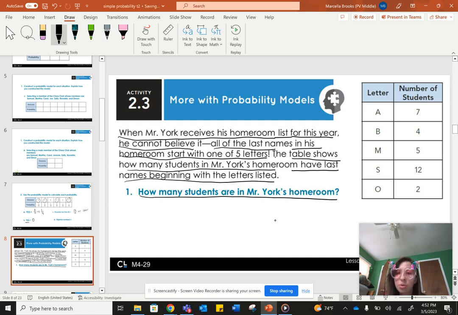All you got to do is add up all these numbers. So I want you to type that in your calculator and see what you get. We got 7 plus 4 plus 5 plus 12 plus 2. So see if you can add those together, and then meet me on the next page.